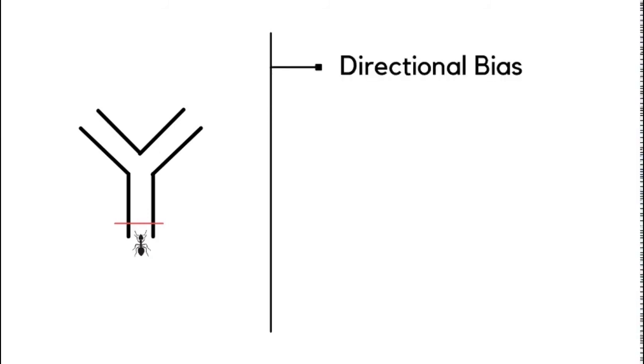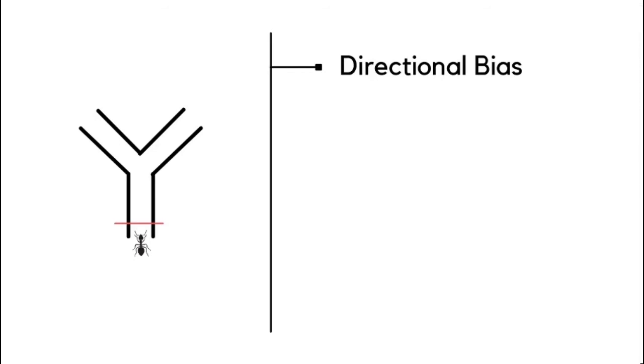So now, the first thing that I wanted to work with was to remove any sort of directional bias. So what I wanted to see was if these ants have some preconceived notions about which direction to choose.